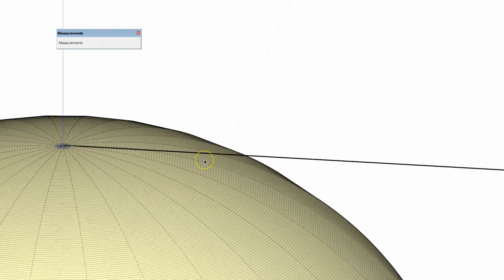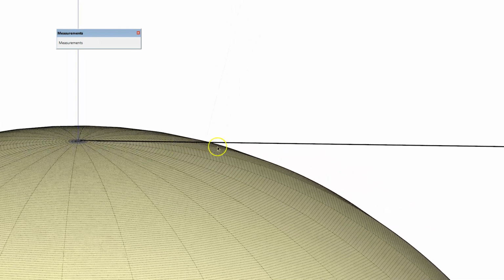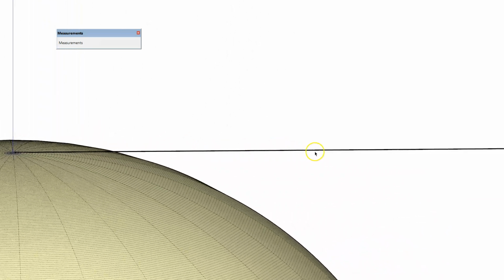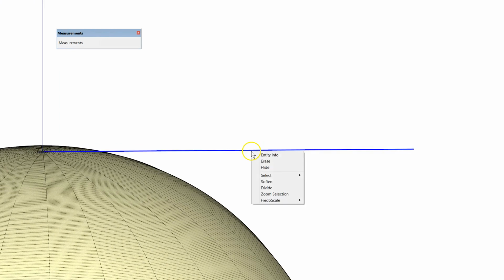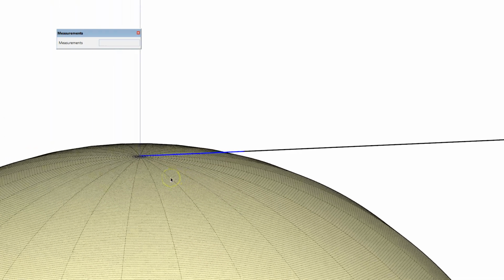I'm going to divide this line into 5 sections. Sorry, that was actually 4 segments, 5 segments. So that's about 1,000 miles out. Right?